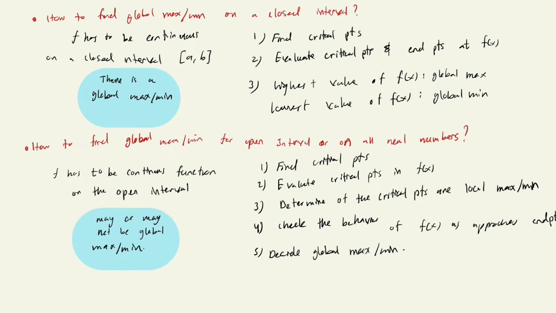We can do this by the first derivative test or the second derivative test. Then step number 4, check the behavior of the function of x as it approaches the endpoints, so as x goes to positive infinity or negative infinity, what's the behavior of the function of x. Then based on these steps, decide what's a global maximum and what's a global minimum. Here again, remember that we are not guaranteed to have a global maximum or minimum when we have an open interval.